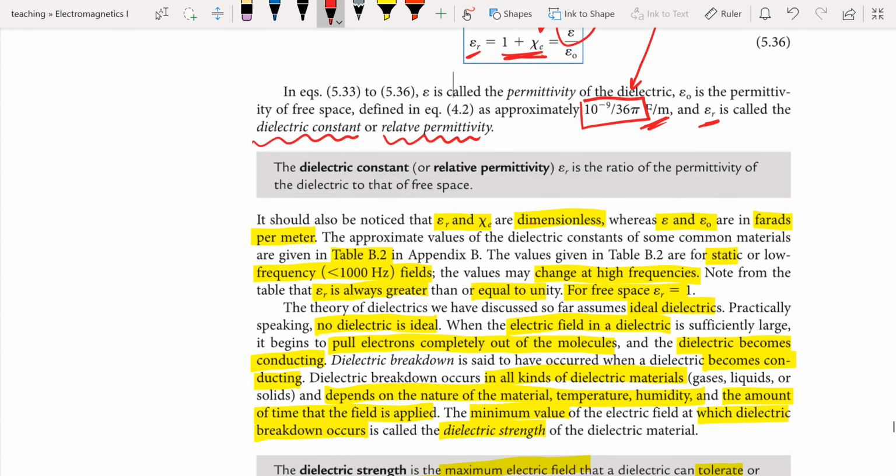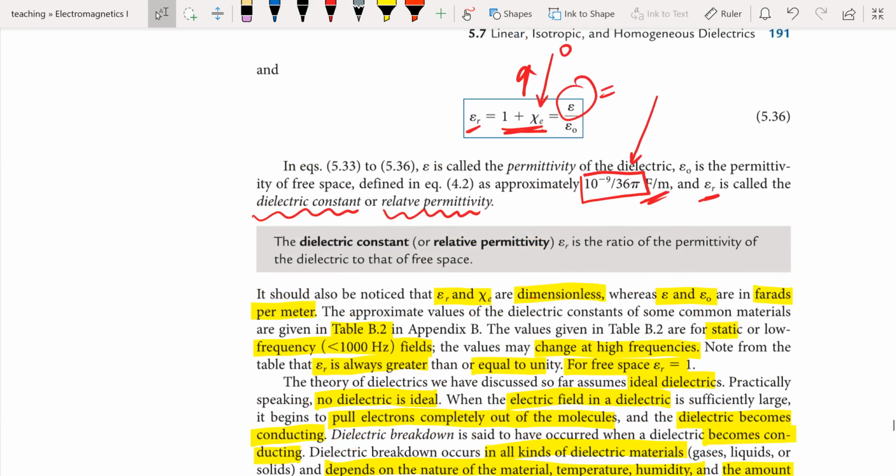So the final comments: the dielectric constant or relative permittivity epsilon r is the ratio of the permittivity of the dielectric to that of free space.